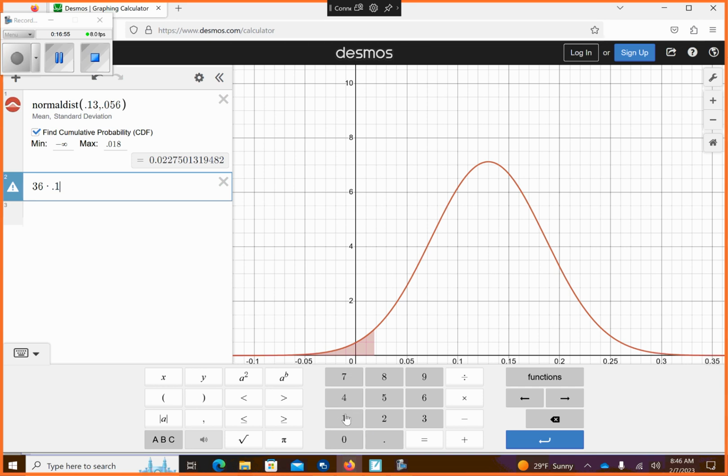If this is bigger than 10, it passes this stipulation. So is 4.68 bigger than 10? Not this week. I'd rather have $10 than $4.68. So it doesn't pass that one, but does it pass the other one?